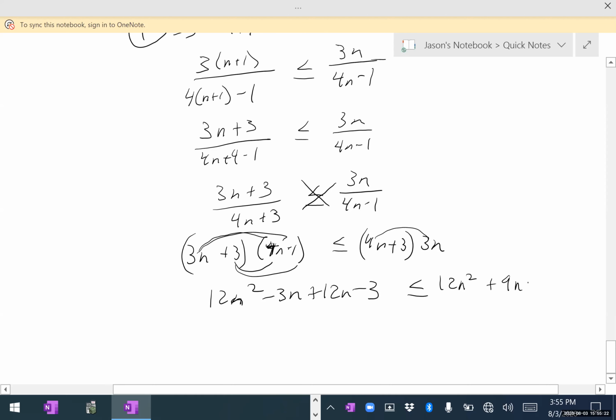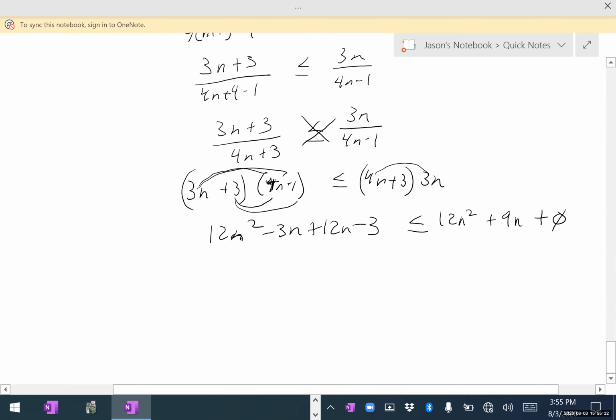And I'm going to put a plus 0 here, just because that's how I roll. So 12n squared plus 9n minus 3, is that less than or equal to 12n squared plus 9n plus 0?